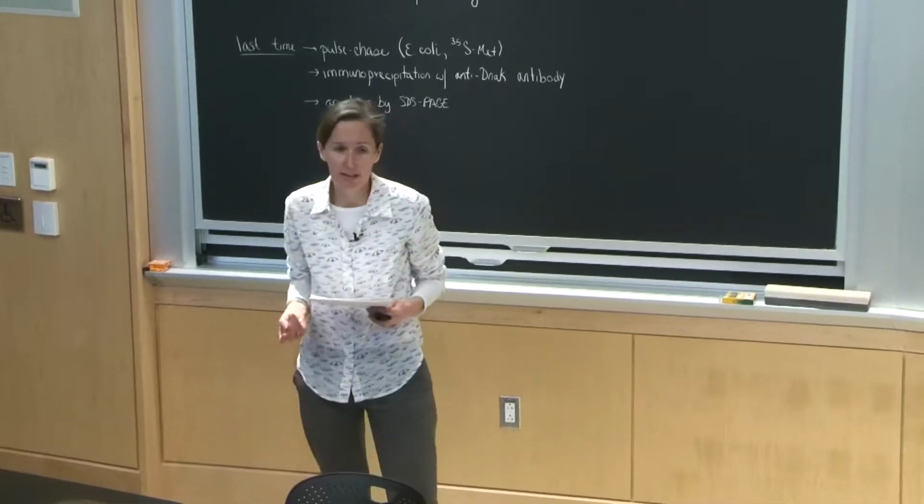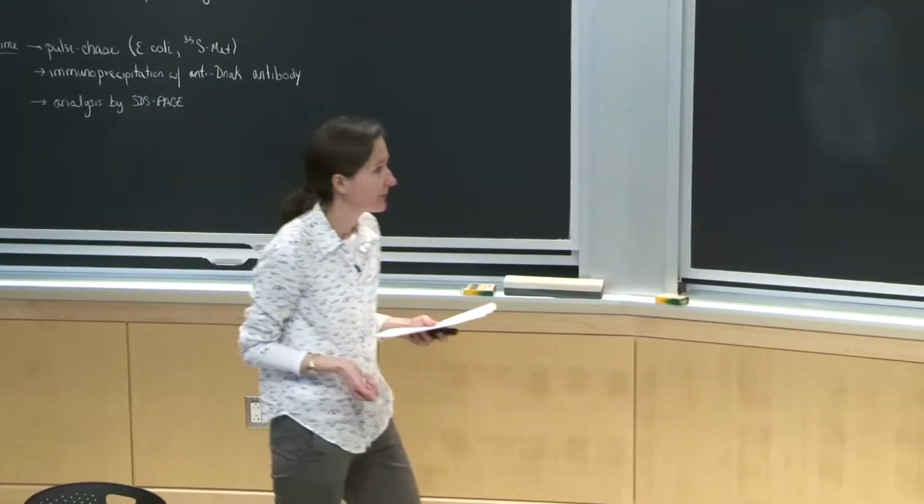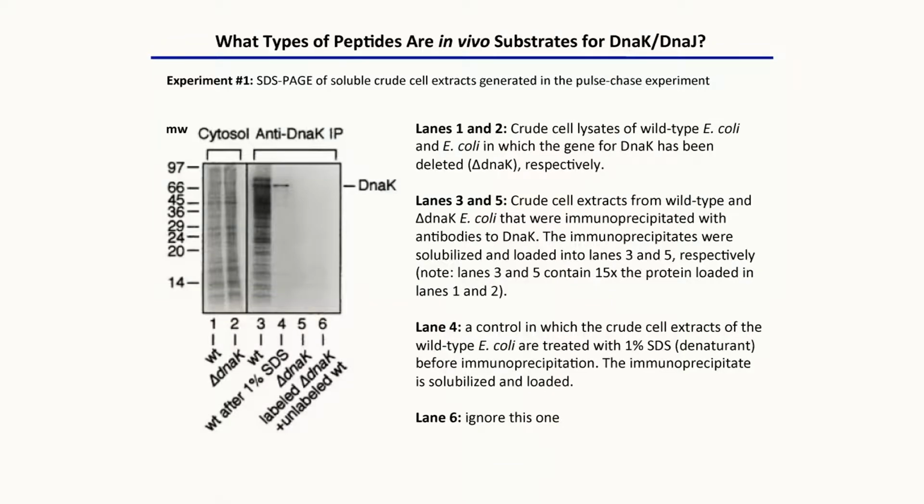These are the total cell lysates, soluble fraction from either wild-type E. coli or delta DnaK. And why do we care to run these? So no immunoprecipitation. I'll give you a start, and then you all can contribute to the next ones.